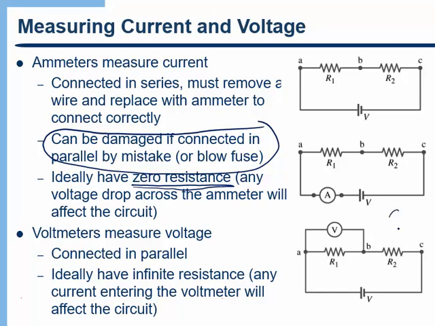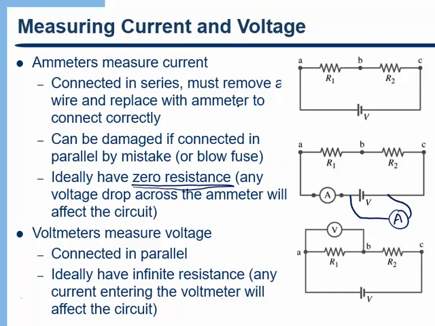If you connect it across a battery, you will immediately blow out the ammeter because it has so little resistance, it tries to draw way too much current. Ammeters do have a fuse in series inside, so hopefully that fuse blows in time to protect the electronics, but my experience is that it doesn't always blow in time. If you connect an ammeter in parallel to a 12-volt car battery, you're probably going to ruin your ammeter.